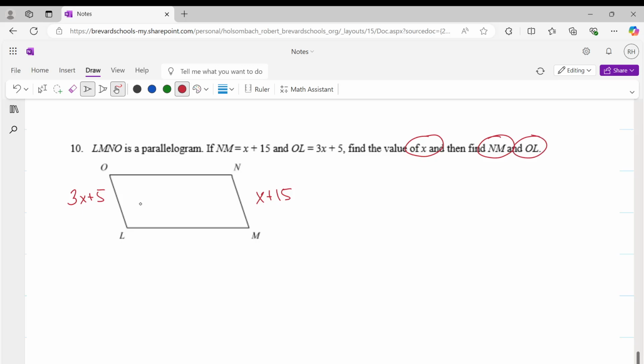All right, so opposite sides of a parallelogram are congruent. So this left side is congruent to the right side. Top is congruent to the bottom. So we're going to solve for x. 3x plus 5 is equal to x plus 15.